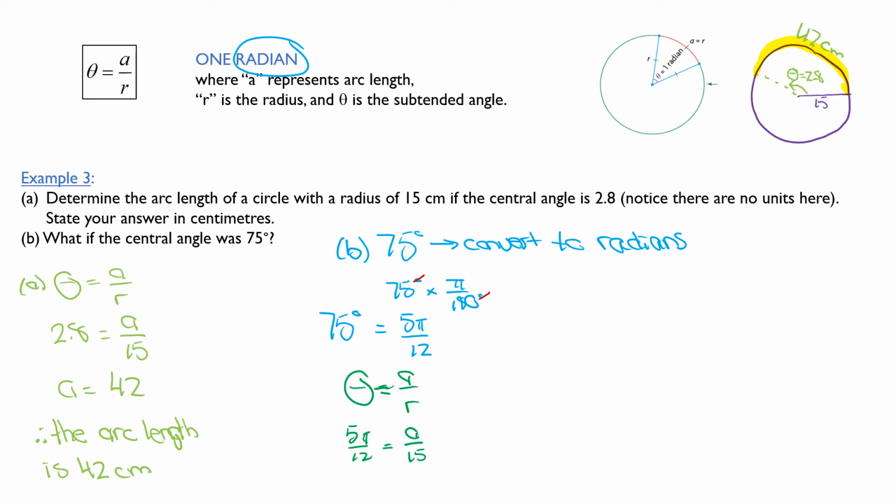So I'm just going to multiply the 15 up to the numerator here so that A will be isolated. So on the right side, I'm just going to have A. And 15 times 5 over 12 reduces a little bit to 25 pi over 4. So we'll have a sentence to go with that.